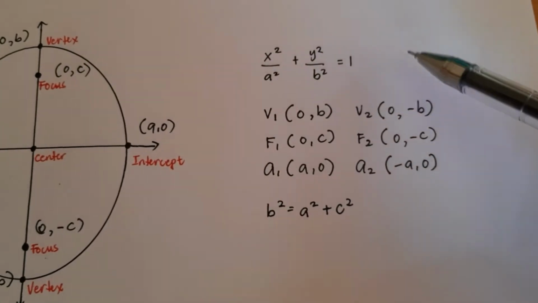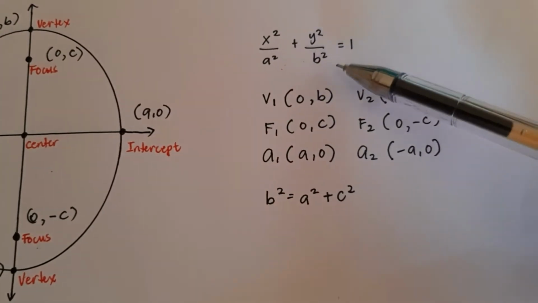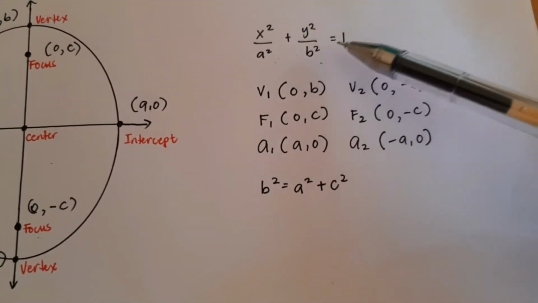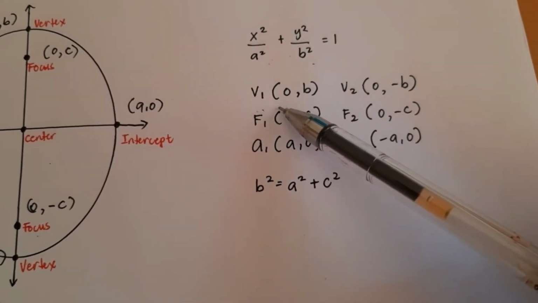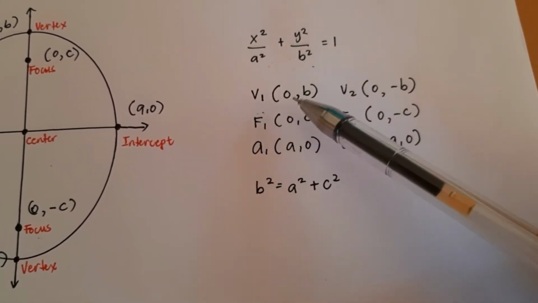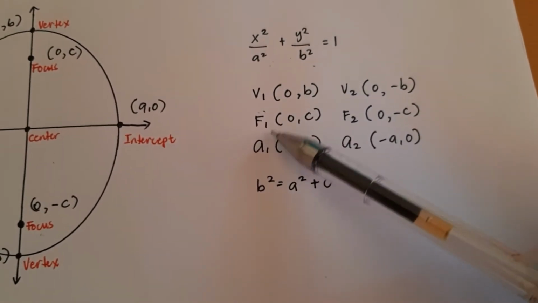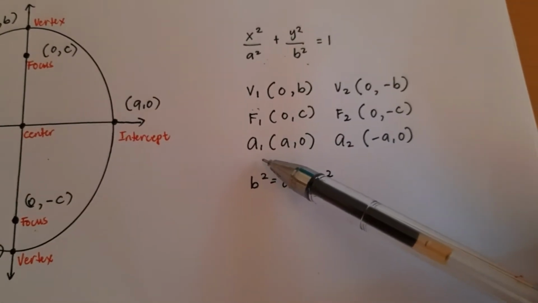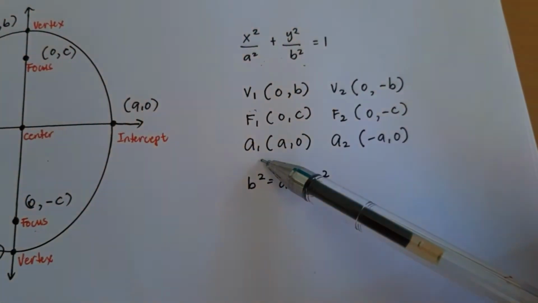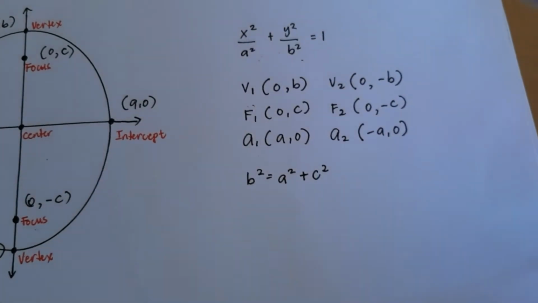Again, the standard form of the equation I'm going to use is x squared over a squared plus y squared over b squared is equal to 1. So vertices would be at (0, b) and (0, negative b), foci at (0, positive and negative c), and then a, or the intercept, is at (positive and negative a, 0).